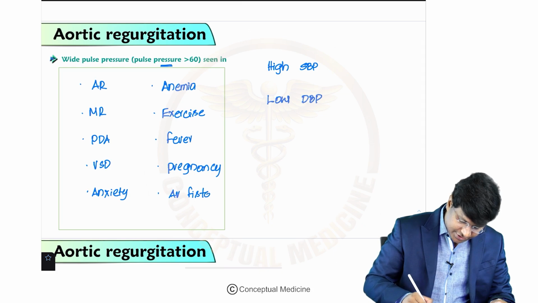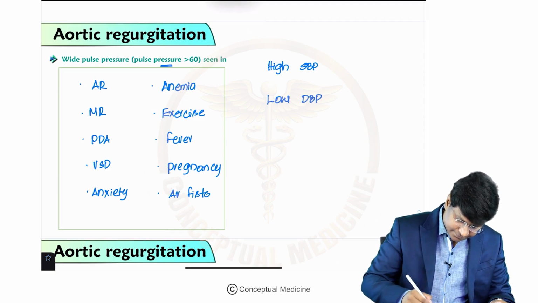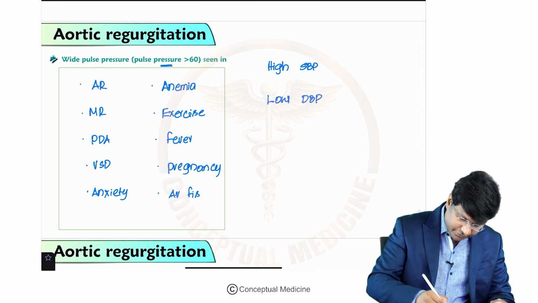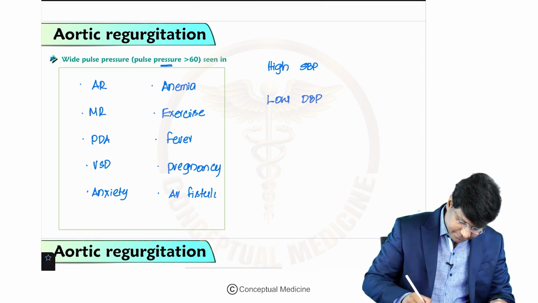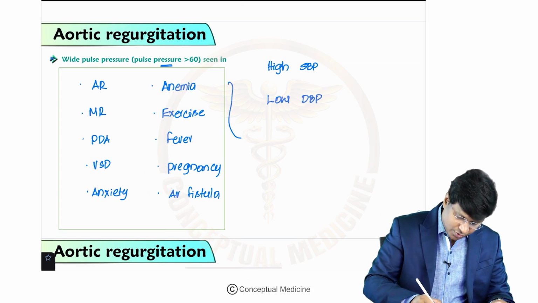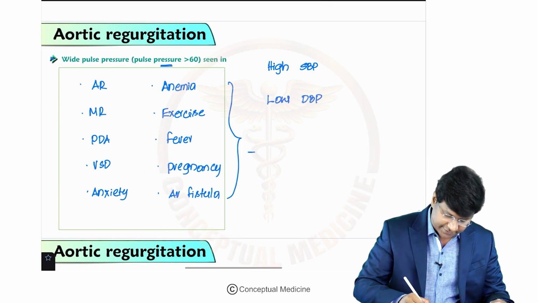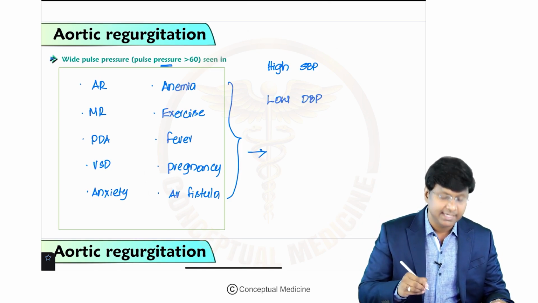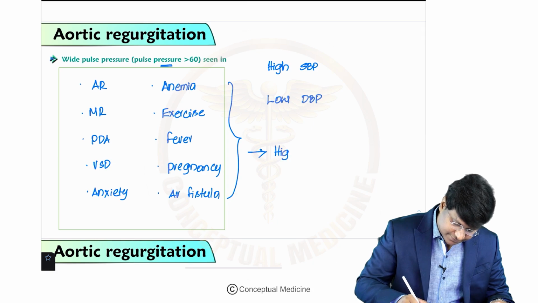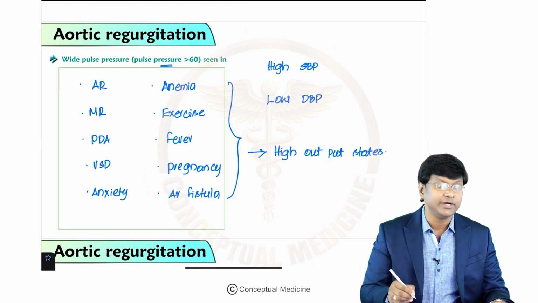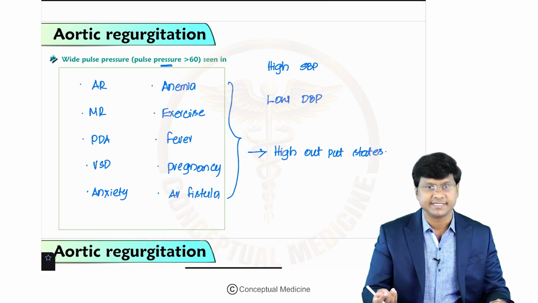So these are all the conditions where you have the wide pulse pressure. All these, anemia, exercise, fever, pregnancy, AV fistula, are high output states, or they are called hyperkinetic states.